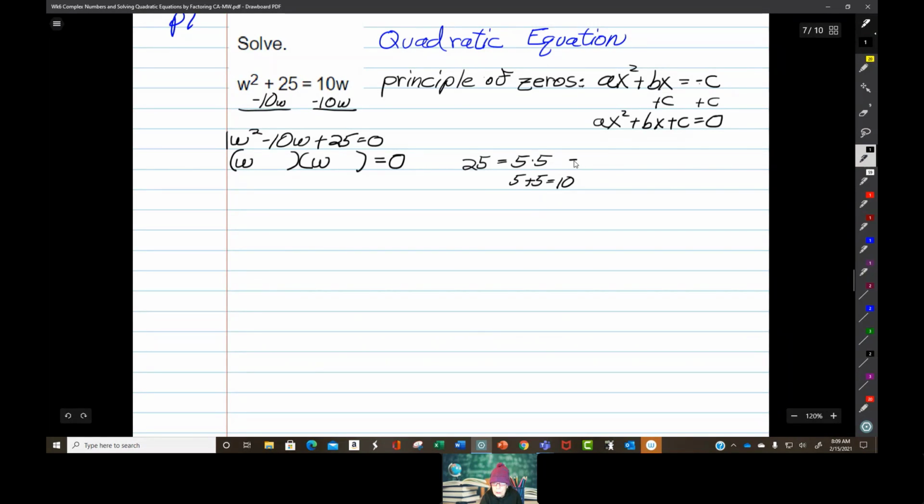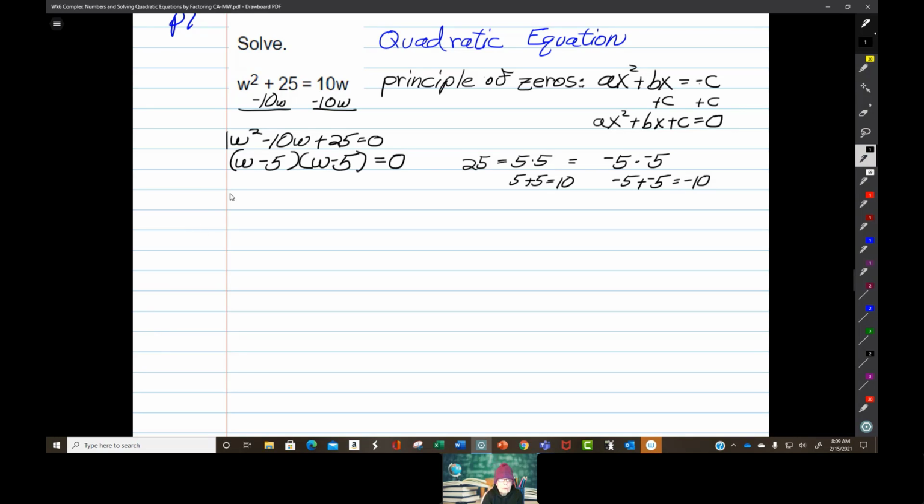So 25 will also equal -5 times -5. And -5 plus -5 equals -10. So bingo, -5 and -5 are my two numbers. So I put a -5 here and a -5 here.